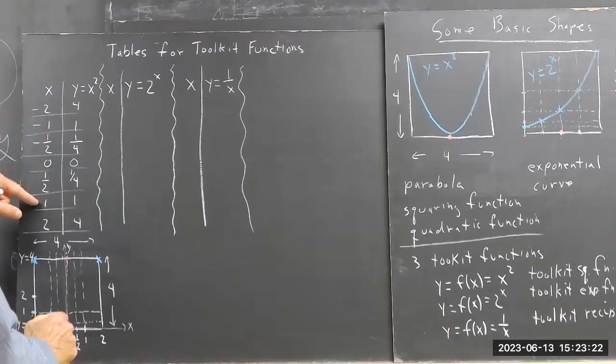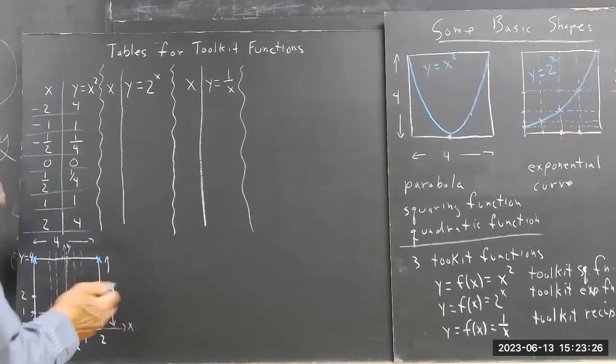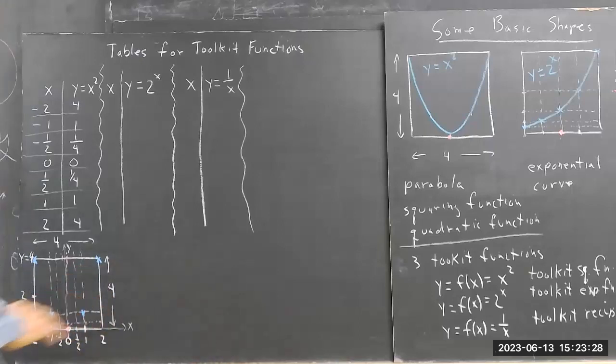And of course, we have the point 1, 1, which is symmetric with this point. If I made that line straight as I should have. And then we have -1/2, 1/4, which should be here, and 1/2, 1/4, which should be here. So we've got these symmetric pairs of points. And then, of course, we have a point here.